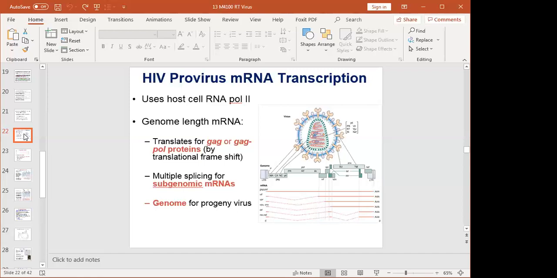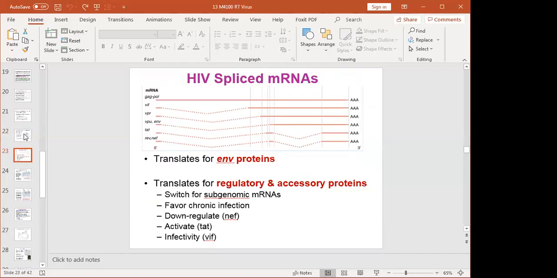Each of these subgenomic messenger RNAs codes for one of those proteins that we talked about earlier on. And these are required for assembly and maturation of the genome of the progeny virus.